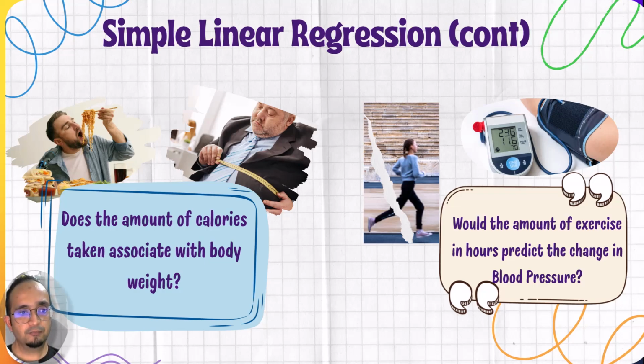The plus value that we can obtain from simple linear regression is that we can ask, would the amount of exercise in hours predict the change in blood pressure? This means we can do some prediction in simple linear regression.